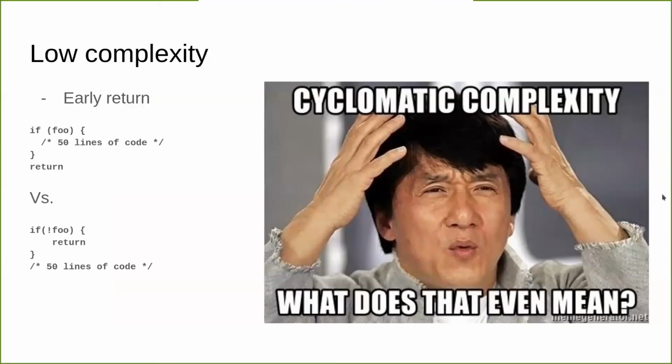All right, low complexity. And I know a lot of you guys already point these things out in your code reviews, so this isn't to say that you're not doing it right, but just a reminder. Do early returns when possible. That's a really simple way to reduce complexity. It doesn't literally reduce complexity.